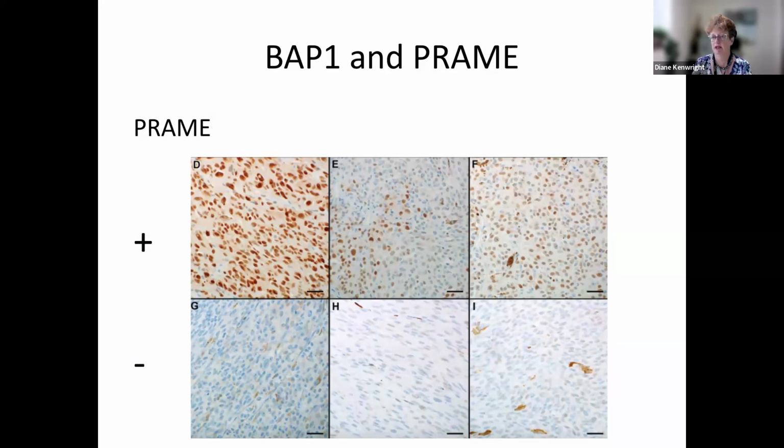What's the baseline cutoff? It's pretty low, isn't it? 10% like ER. Yeah. 10% moderate staining is positive. Okay. So that brings me to the end of my chat about melanomas.